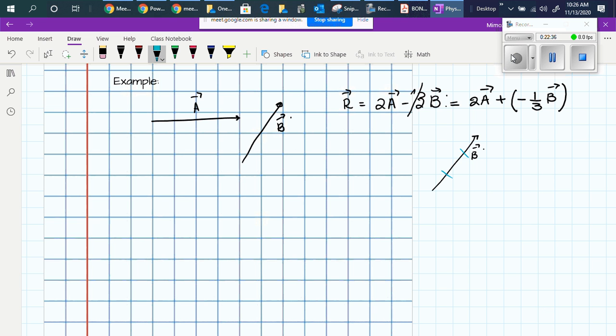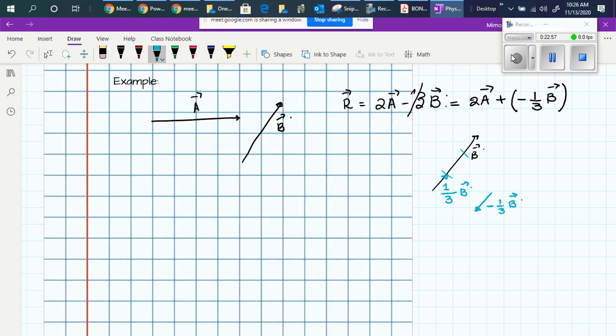This is pretty much divided into three parts, and this vector here will be 1/3 B. And when we are doing negative 1/3 B, it will be this vector here.